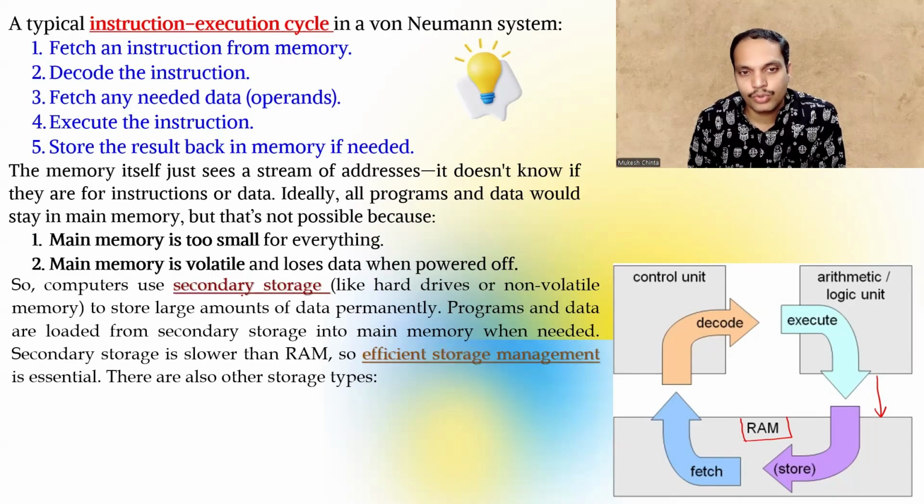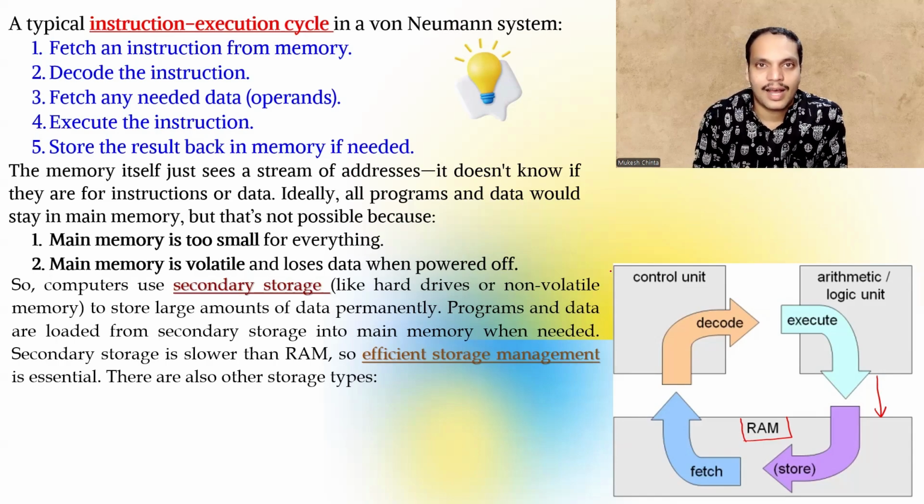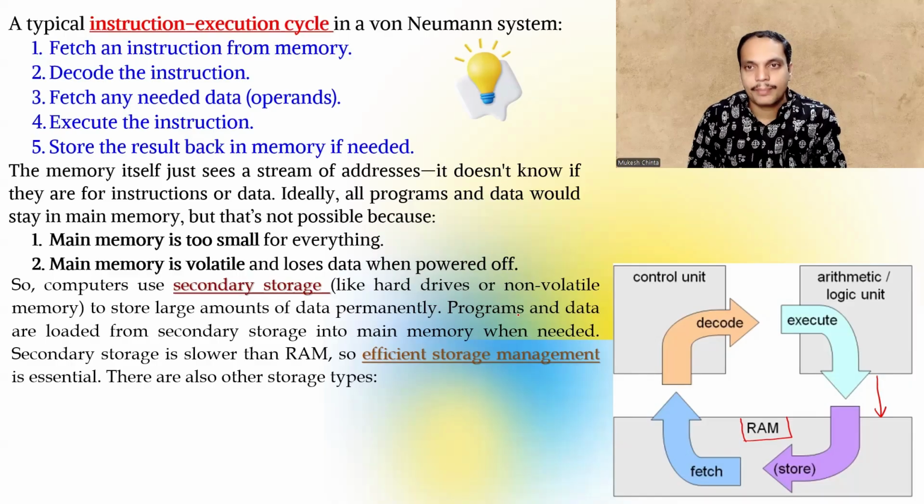Computers use secondary storage like hard drives or non-volatile memory to store large amounts of data permanently. Non-volatile means even though the power is gone, the memory contents are intact. So programs and data are loaded from secondary storage into the main memory when required. Secondary storage is slower than RAM, so efficient storage management is essential.